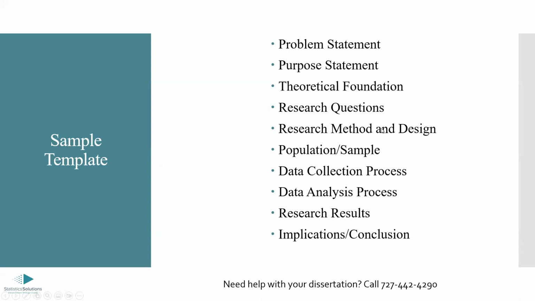Then your research method and design. Then you go into your population and sampling procedures, and then you go into data collection. How are you going to collect data? Is it through a survey, or are you using archival data? Then you go into data analyses. What is your plan to analyze the data?